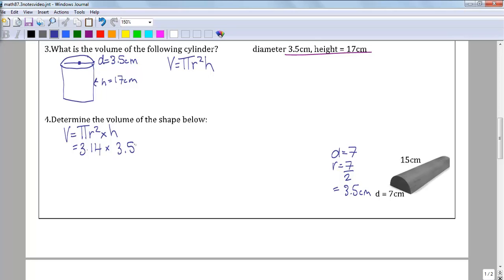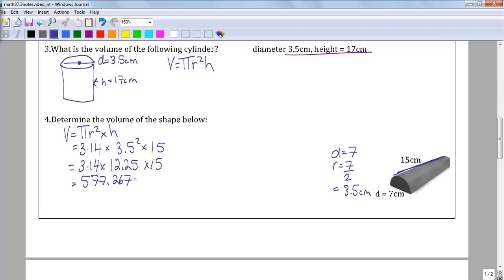So 3.5 squared, and the height, remember it's lying down on its side, but still it's 15. So this is going to be a calculator question here. We've got pi times 12.25 times 15. Multiply these all together, and you get a volume of 577.26765, and so on.